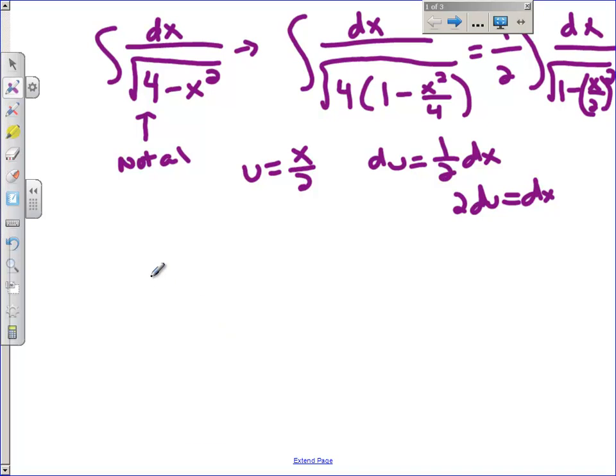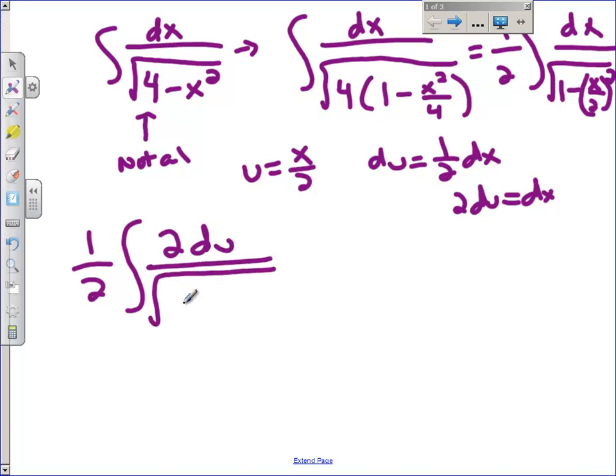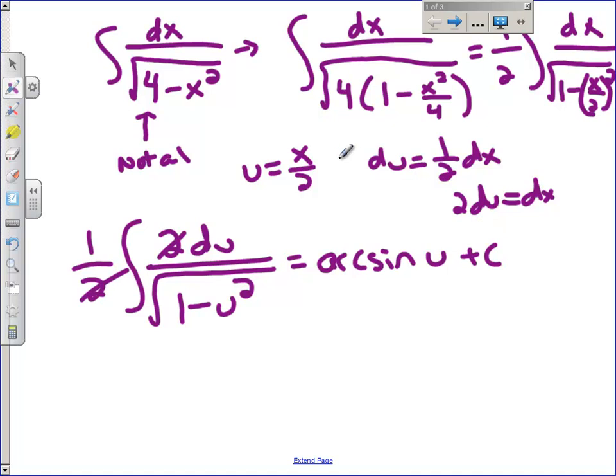So this would turn into 1/2 the integral of 2 du over the square root of 1 minus u squared. These would cancel, and I would get arcsine of u plus c, where u was x over 2. So it's arcsine of x over 2 plus c.